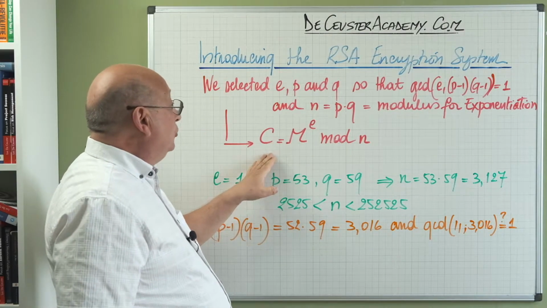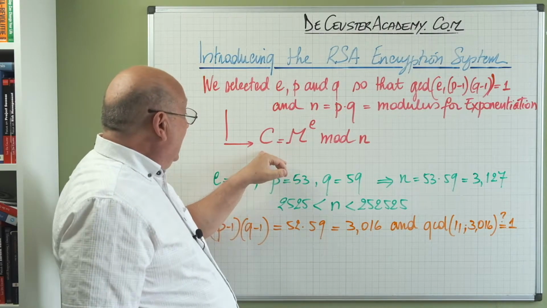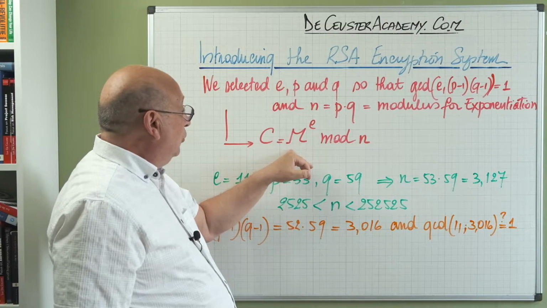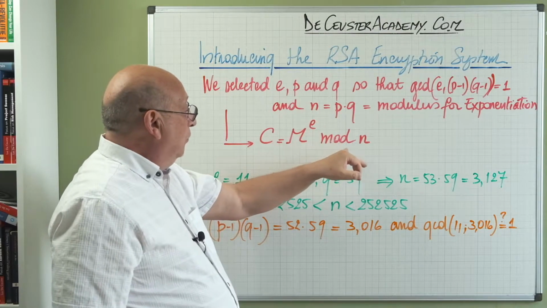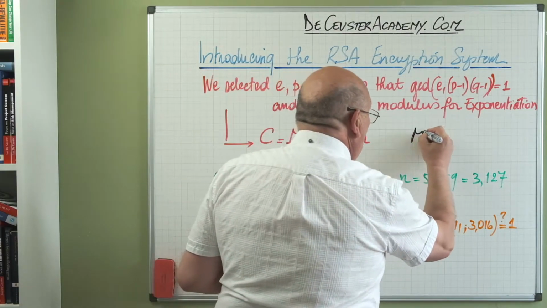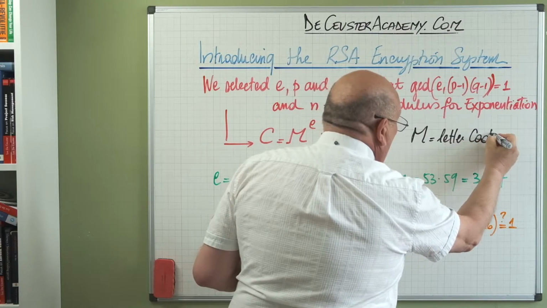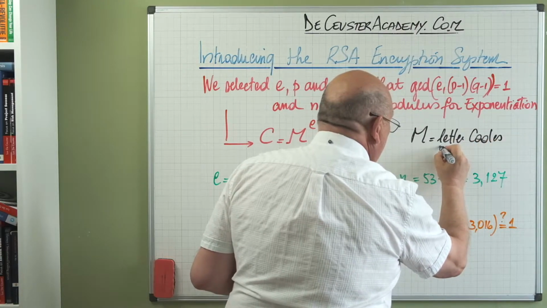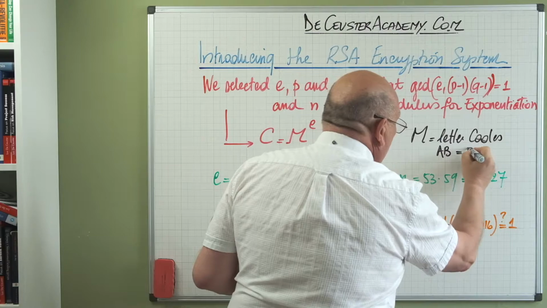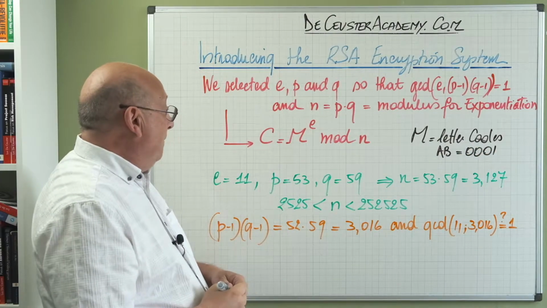And the formula to encrypt any number, any text, is C equal to M to the power E modulus N. And M we obtain from the letter codes. For example, A, B would give me 0001. That would be M.